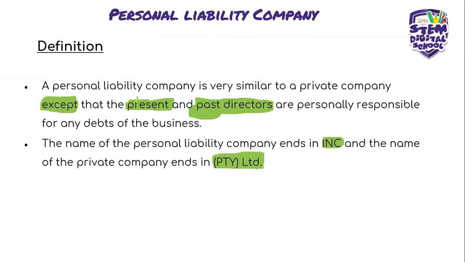Right, so now you know the difference between your personal liability company and your private company, because boys and girls, what happens in an exam or tests or assessments, what they like to do, they will give you a scenario or a case study. You need to be able to tell. So they like to link your personal liability and your private company. So you need to be able to check whether this is a private company or this is a personal liability company.